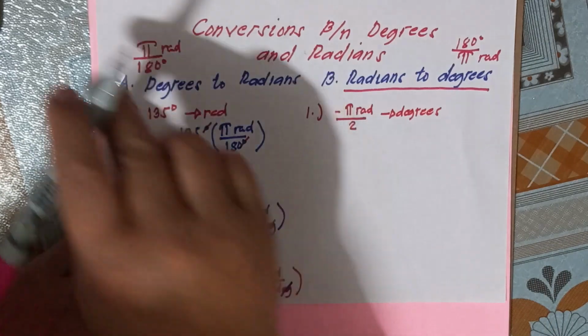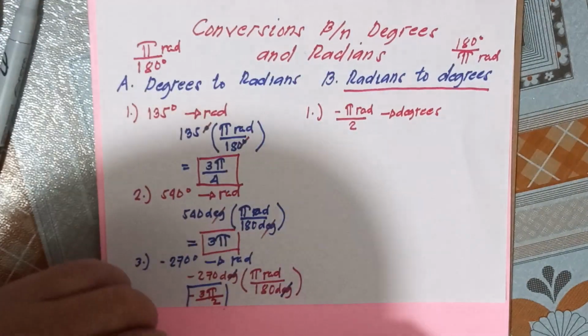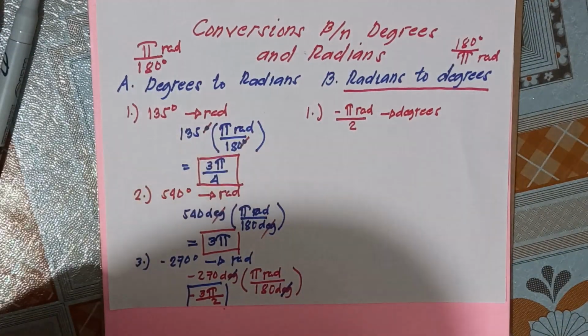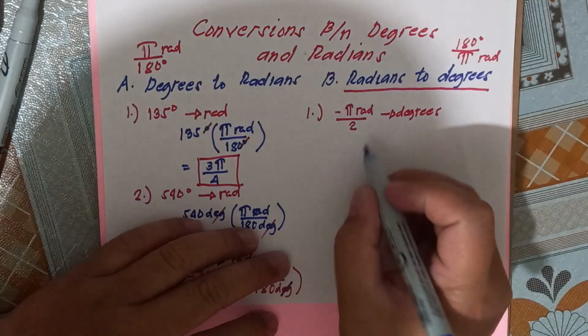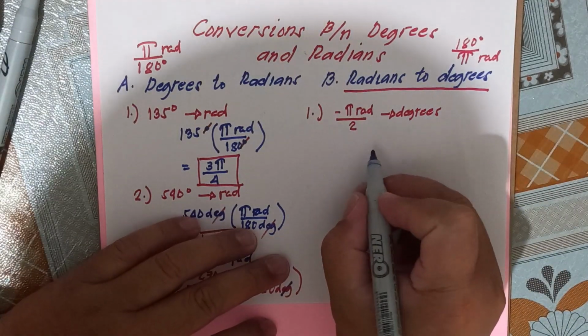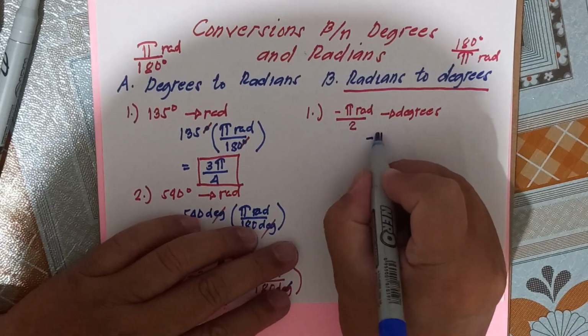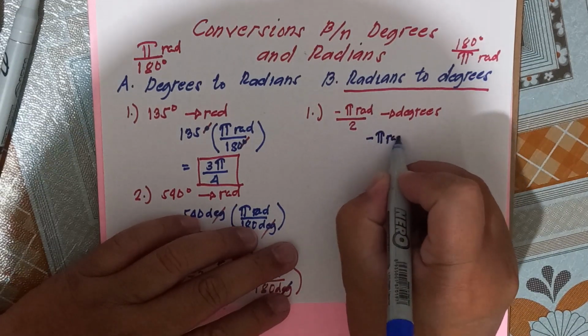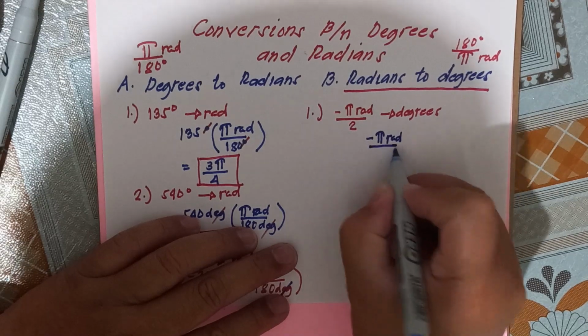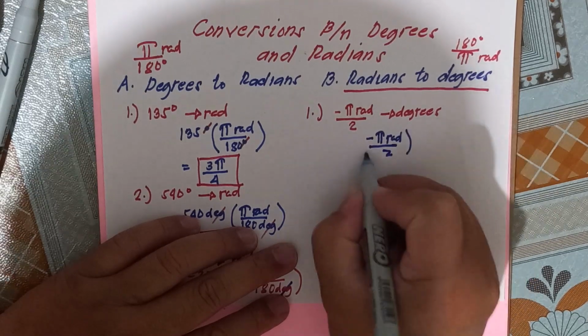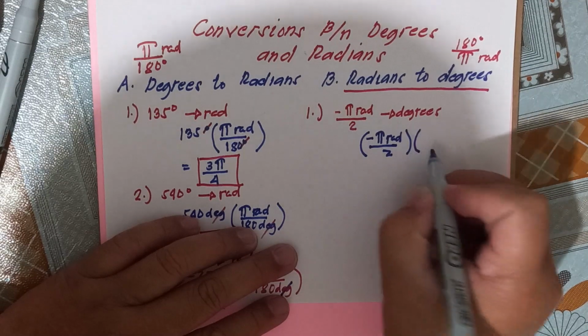How do we do that one? Same method. We just reverse our multiplier. So if we have negative pi rad over 2, our multiplier would be what?